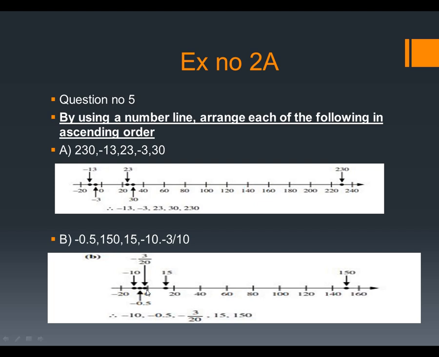Here is 0. When we move backward there will be minus 0.3 and then minus 0.5, and minus 10 is in the center of 0 and minus 20. 10 is the center of 0 and 20, so here will be the 15. So 15 is here and 150 is here.